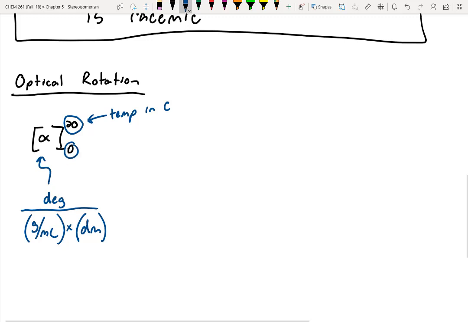And then this number down here is also pretty important. It's the source of your plane polarized light. I don't know if you remember spectral lines from general chemistry. It's way back there, but this is the D line from a sodium lamp.